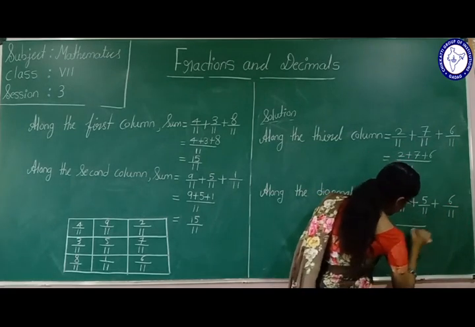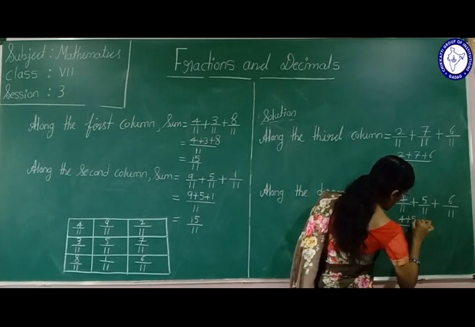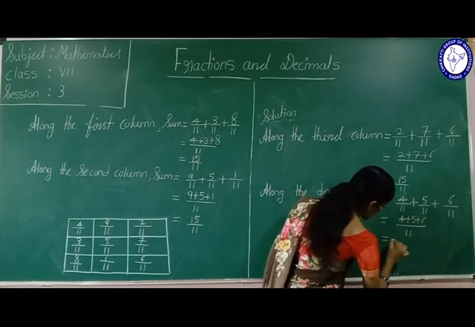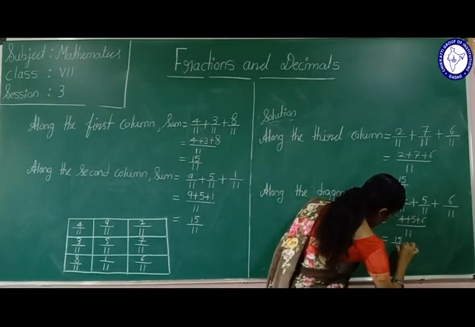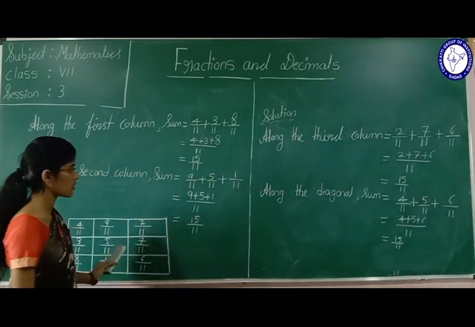So we will keep the denominator 11. 4 plus 5 plus 6. 4 plus 5 is 9. 9 plus 6 is 15. 15 by 11. Along the diagonal we got sum.